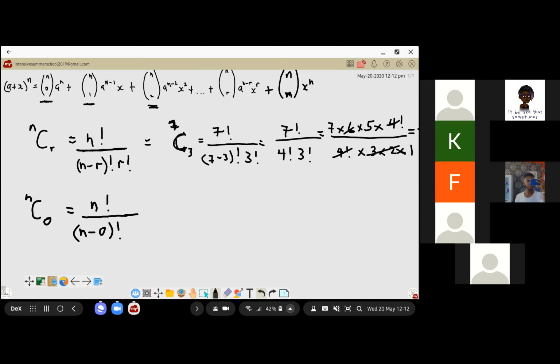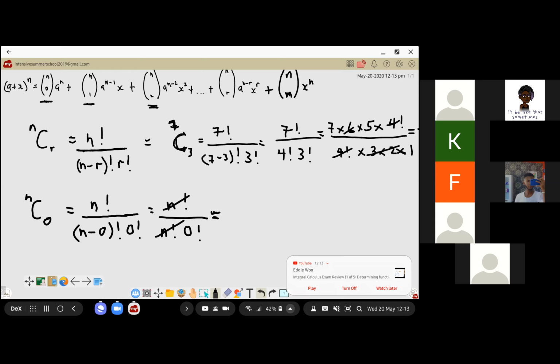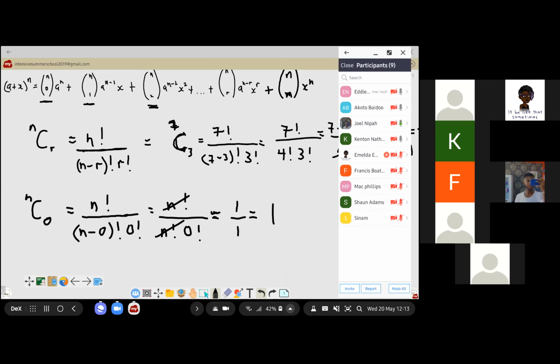So we are going to get n factorial over n factorial times 0 factorial. This n factorial can cancel this n factorial. 0 factorial is what? 1. So you are going to get 1 over 1, which is going to give me 1. Is that one clear?